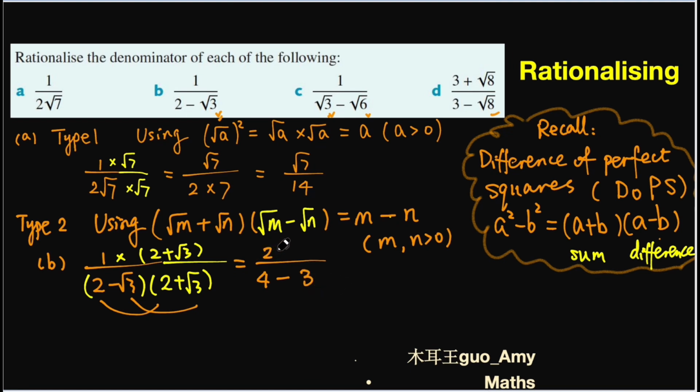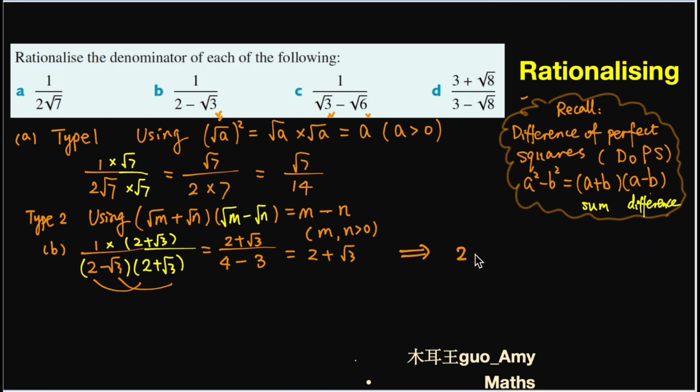And the numerator is 2 plus root 3. Then it will be simplified. We can see a very commonly used expression of 2 plus root 3 times 2 minus root 3. The result is 1.